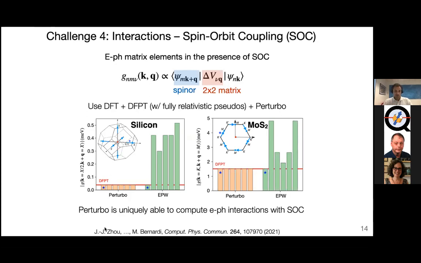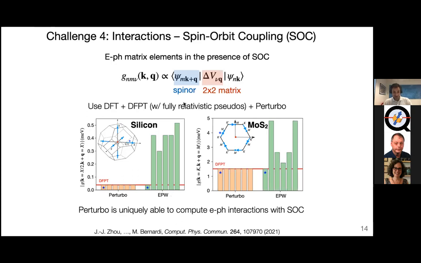We have shown in our Perturbo code paper that our code Perturbo can carry out these rotations accurately, in all cases matching the density functional perturbation theory benchmark. Now, to our surprise, when we tested the other main open source code used to compute electron-phonon coupling and transport, this code is called EPW, we found that this code actually makes very large errors in the presence of spin-orbit coupling.